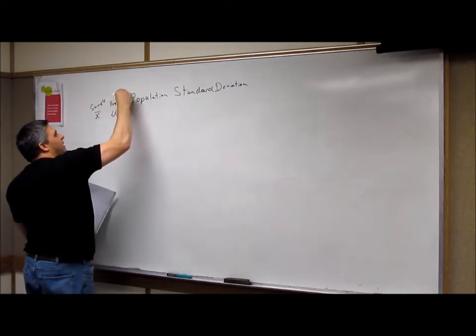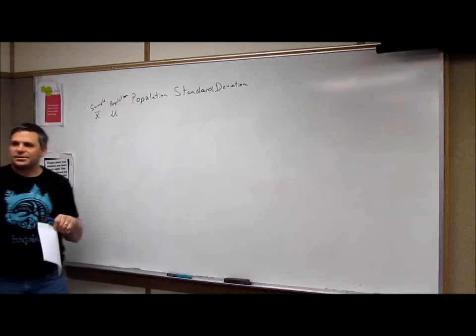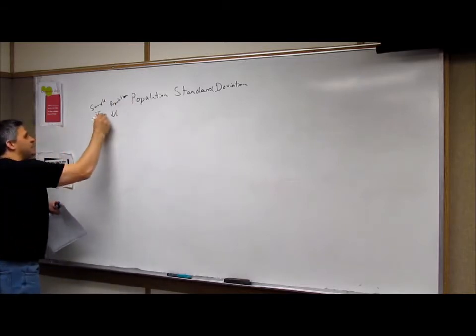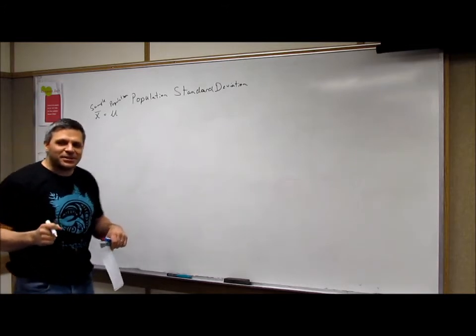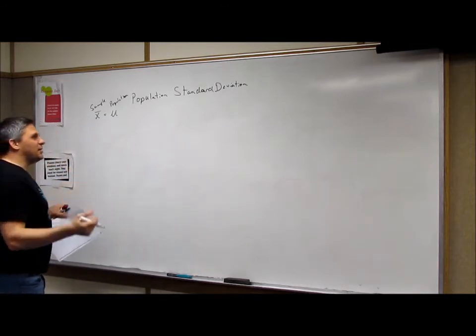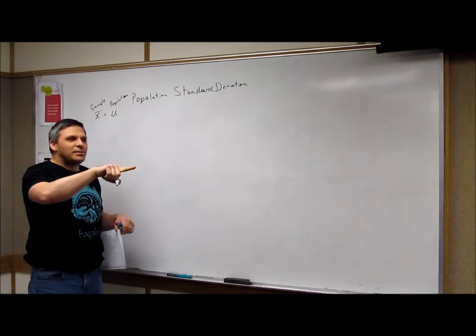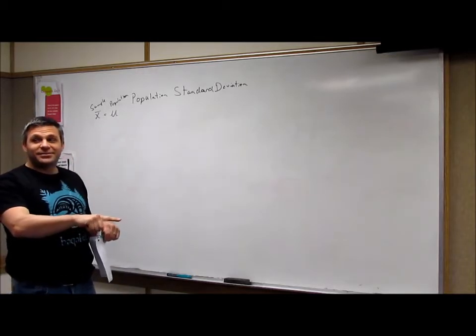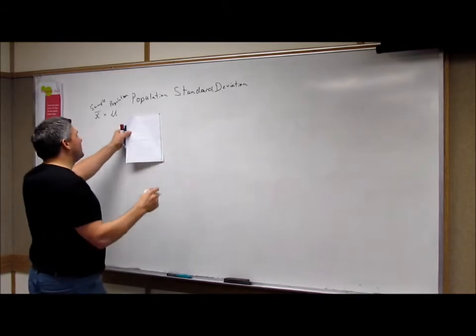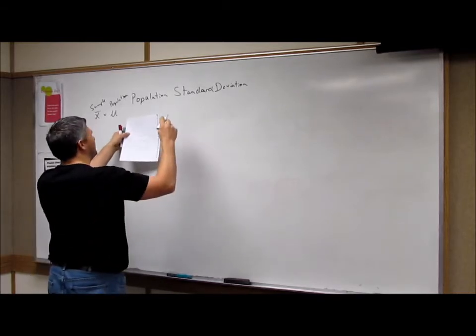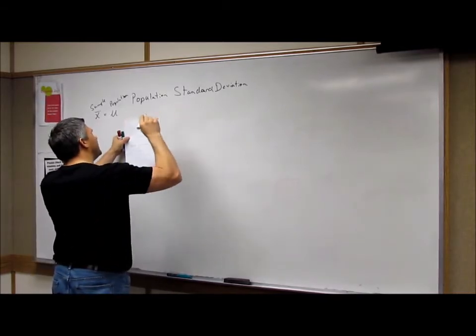Even though we found the means and they were the same, once you start dealing with sample standard deviation, which is little s, and population standard deviation, now they don't equal each other. They're close, but not quite.